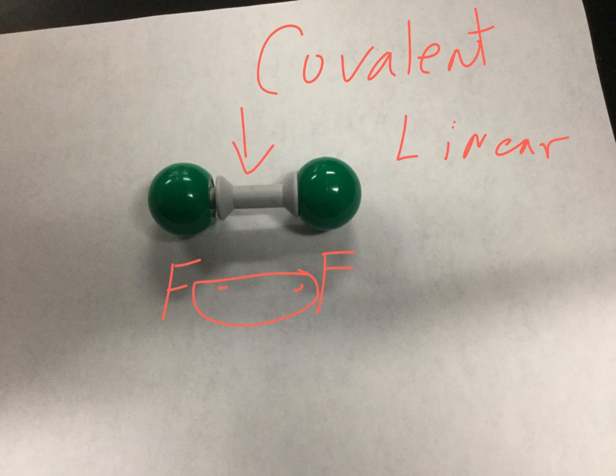Let's move this to the side. Okay, when you're doing the carbon, you're going to look at the valence electrons, and you have 4 dots. So you have 1, 2, 3, 4. When you had hydrogen, hydrogen has how many dots? It only has 1.